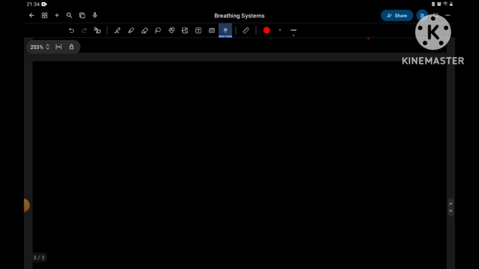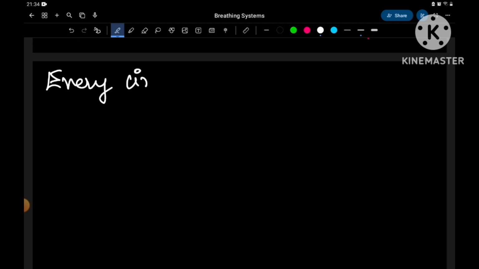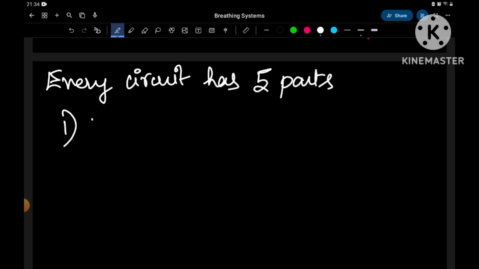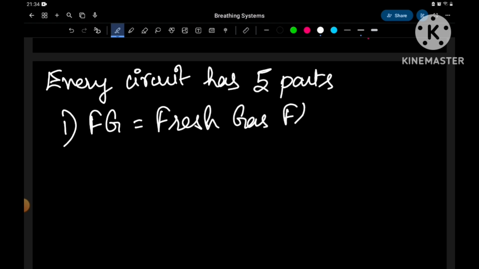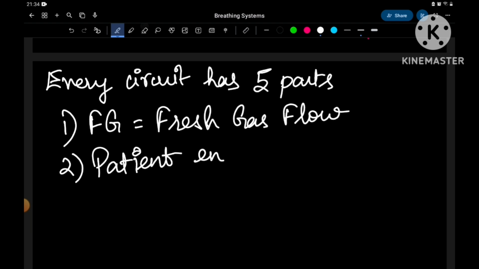First, every circuit, you can see it in your hospitals, every circuit has 5 parts. What are they? FG, what we said, no? It is fresh gas flow. Number 2, patient end.